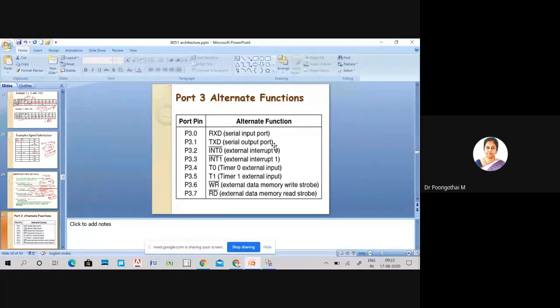When it is not used as an IO port, it will provide some alternate function. So 3.0 and 3.1 are for serial communication. 3.2 and 3.3 are for external interrupt handling, 3.4 and 3.5 for timer operation, and 3.6 and 3.7 for external memory read and write operations.